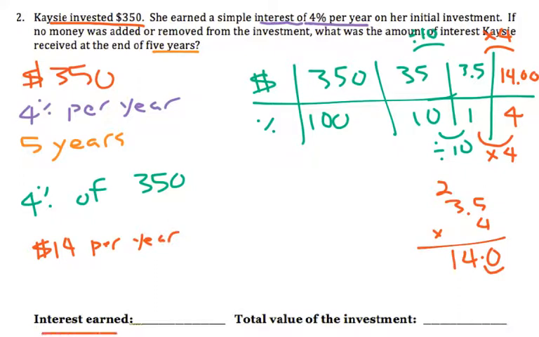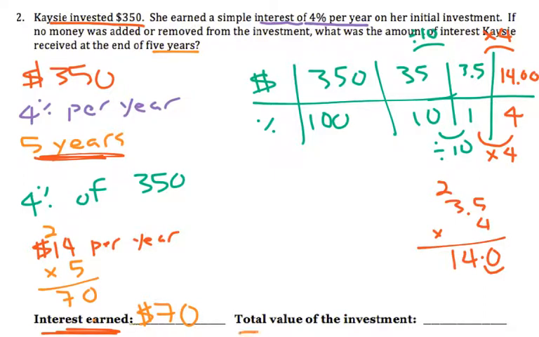But she earns more than that because she does 5 years. So you have to remember that we have to multiply that amount by the number of years, which would be 5. If we do that, we figure out that Casey gets $70 worth of interest. That's $14 per year, 5 years in a row, so that's $70.